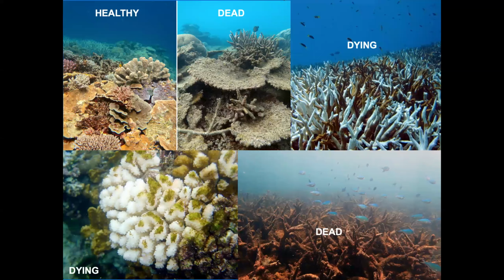So this is what healthy coral looks like. This is what dying coral looks like. This is what dead coral looks like. Oftentimes coral will bleach or whiten when it's under stress. It's not dead at that point, but it is dying.